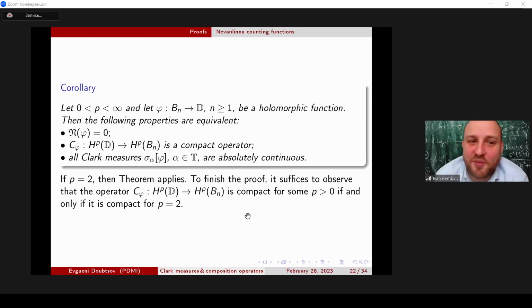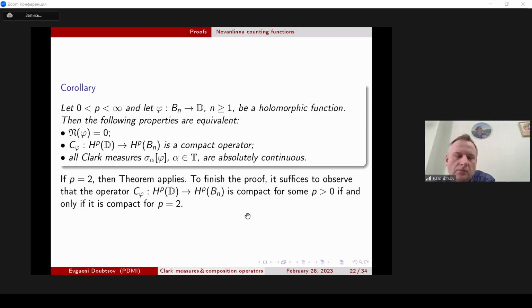From your point of view, what is the most interesting result in your talk? Well, basically, the main theorem is as it was mentioned. I mean, the most interesting part is that such a result indeed exists in several variables.